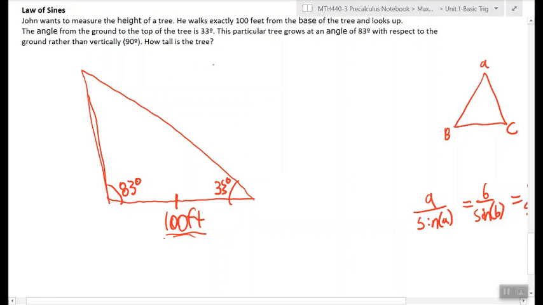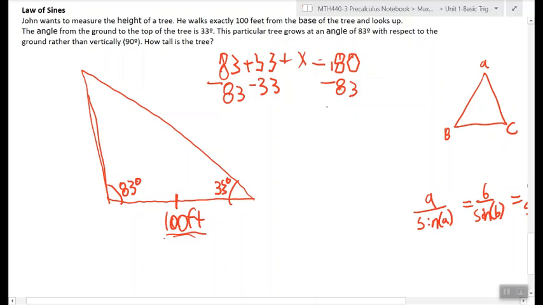We know that all angles equal 180 in a triangle, so it's just 83 plus 33 plus x equals 180. We subtract both 83 and 33 on both sides, minus 83, minus 33.